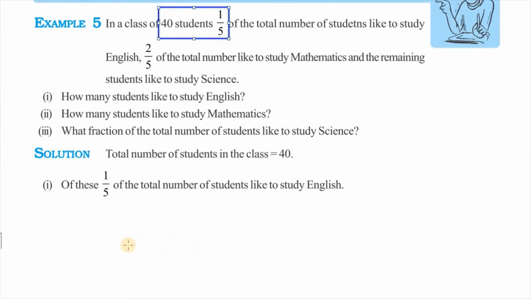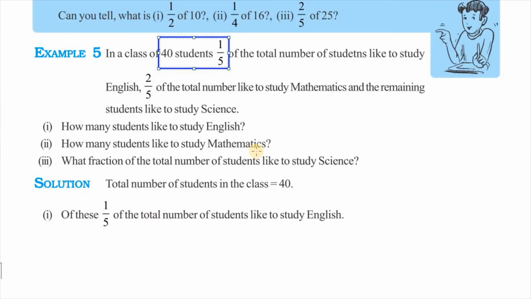For question 2, we need to find how many students like mathematics. It is 2 by 5 of 40. One simple way of doing it is, look here, 1/5 like to study English and twice as many like to study mathematics. So 2 into 1 by 5 is 2 by 5. So however many students like to study English, twice as many like to study mathematics.